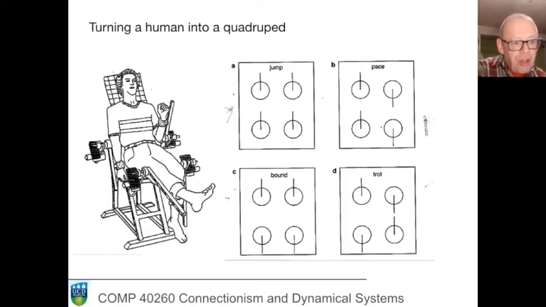You strap the student, usually, into it, attach their limbs. You can vary the weights on the different limbs, and you can say, okay, you've never been a quadruped in this fashion before, now move. And what you find is that the movement of the limbs spontaneously organizes into one of four patterns. Shown here is the jump, the pace, the bound, and the trot.